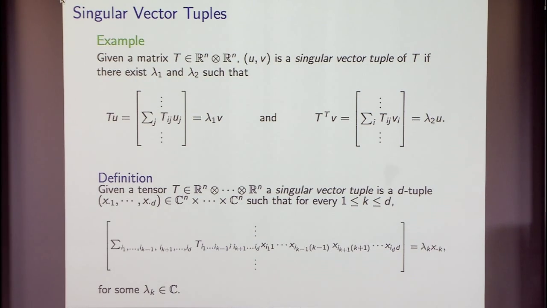Okay? And now for a general tensor, it's a very scary definition. A singular vector tuple is a d-tuple.